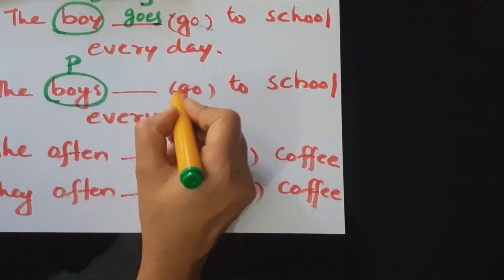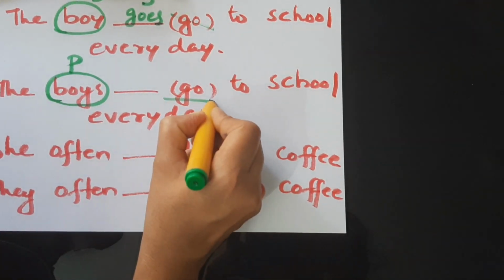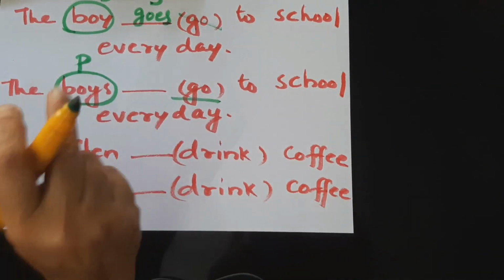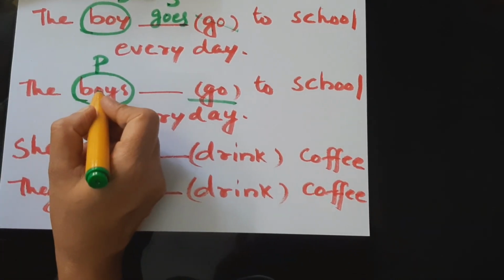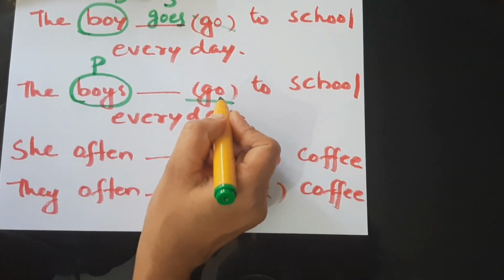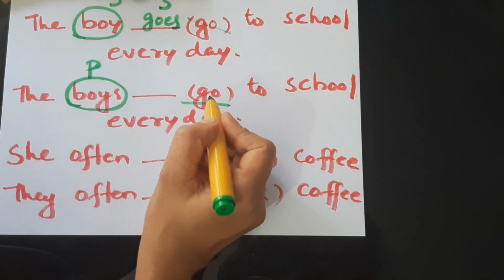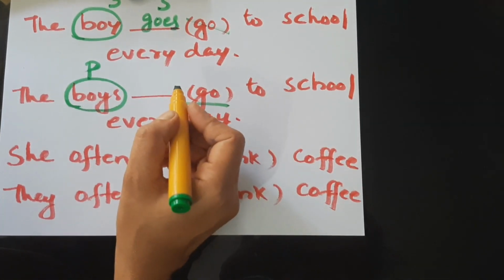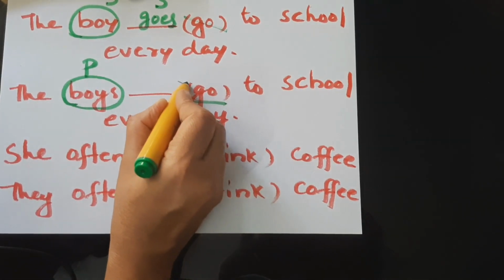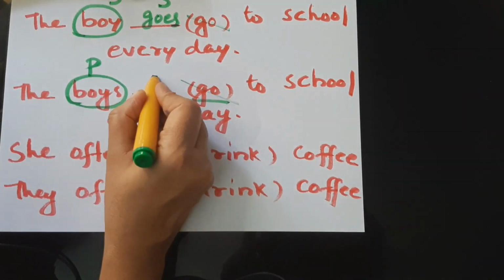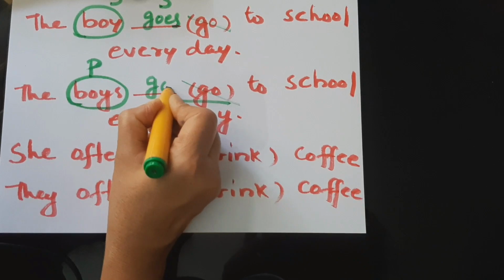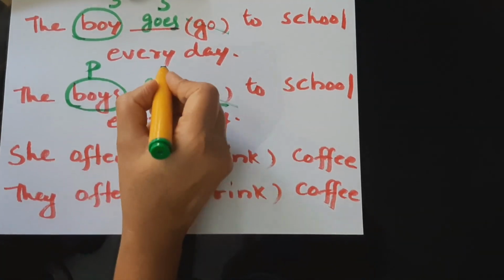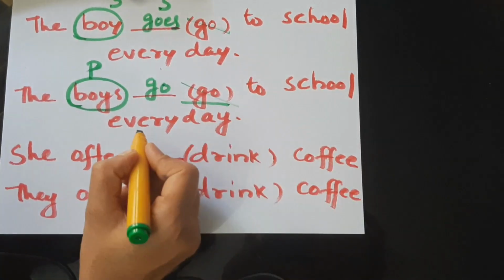Boys is plural, so the verb should also be plural. Go and goes, you know that go is plural, whereas goes is singular. So we need its plural form, that is go itself. The boys go to school every day.